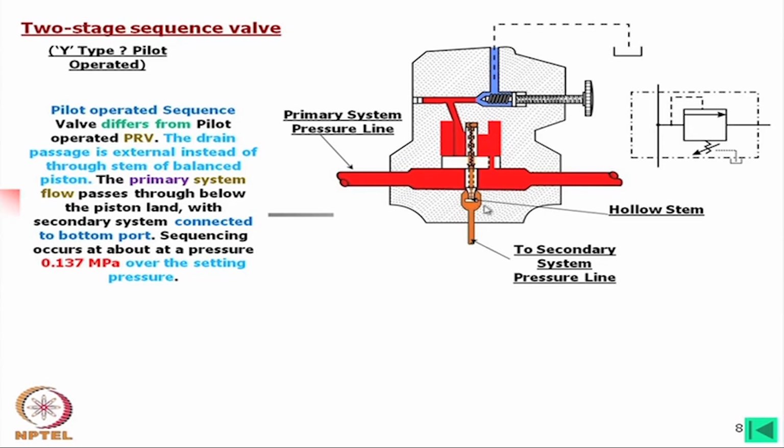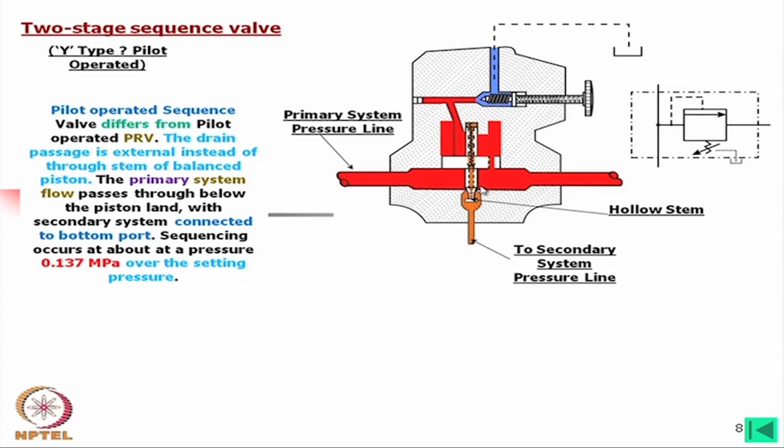And here also, as I have explained, to keep this stem in balance, there is a small hole, so that the pressure on this side and that side remains the same. There is also a spring, because this is a balanced piston.